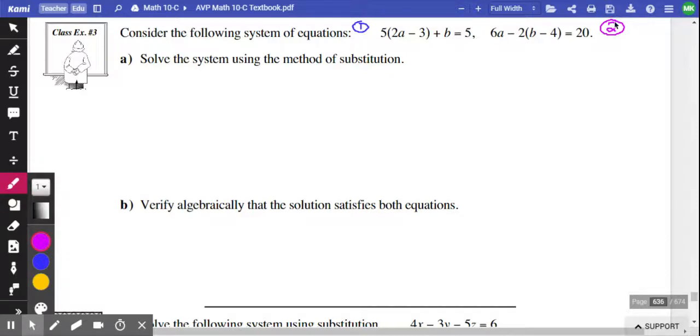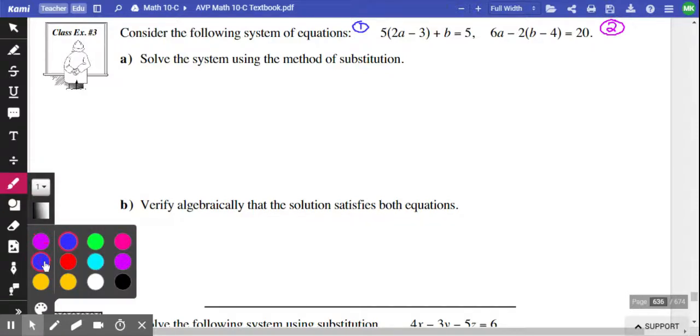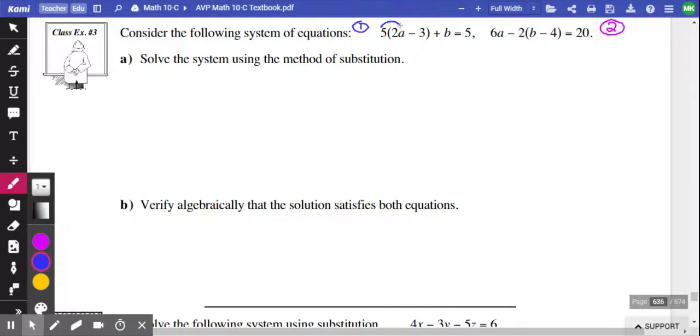So for equation 1, I'm going to take that 5, I'm going to expand by multiplying it into the brackets. When I do that, I now have 10a minus 15 plus b equals 5.